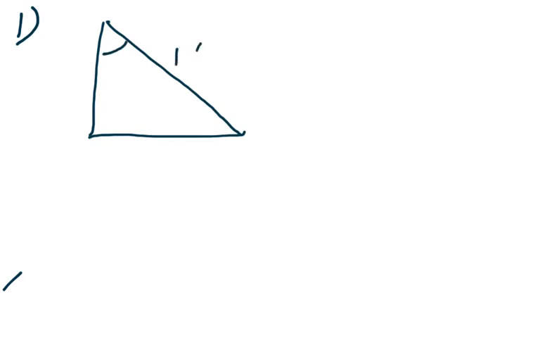So for number one, I'm not going to do all 5 of these at the beginning. We always start out with the same triangle here, and they're giving us angle A, and they're giving us C is equal to 16, and A is down here. So we have to decide. So here's my hypotenuse for every problem.